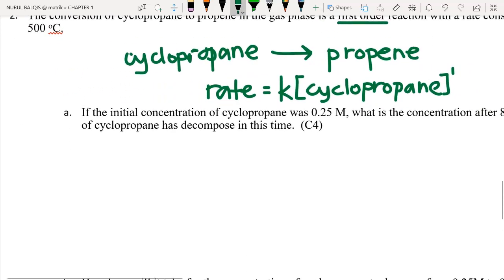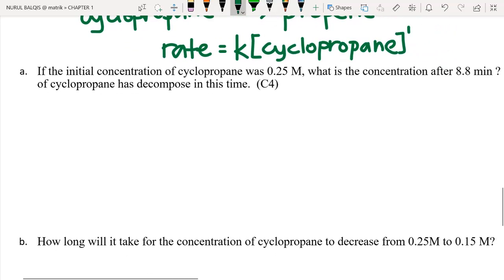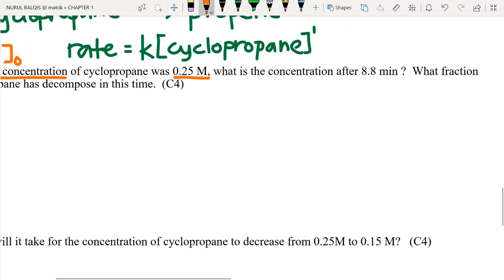Well, for A, if the initial concentration of cyclopropane was 0.25 molar, so the information given here is initial concentration, means we have concentration of cyclopropane at initial state. So what is the concentration? They want us to find another concentration, but only after this time. Means the time allocated is 8.8 minutes.